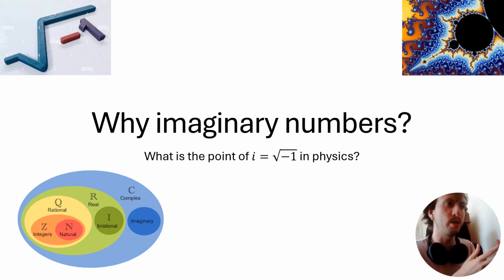And we have a diagram on the screen showing how the complex numbers, in a sense, contain all the other numbers. And for most purposes in physics, complex numbers are all we need, but we do need complex numbers and we do need imaginary numbers, and this video is about why physicists care about them so much, and showing we haven't completely gone mad. Not yet, at least.